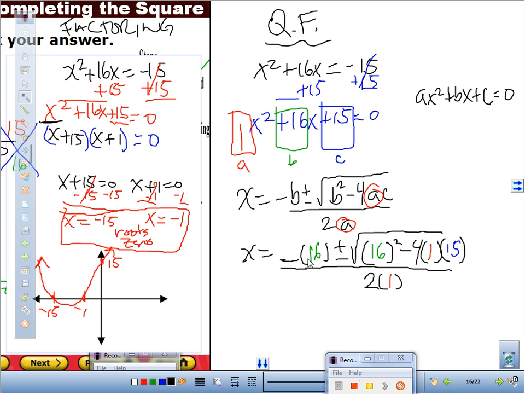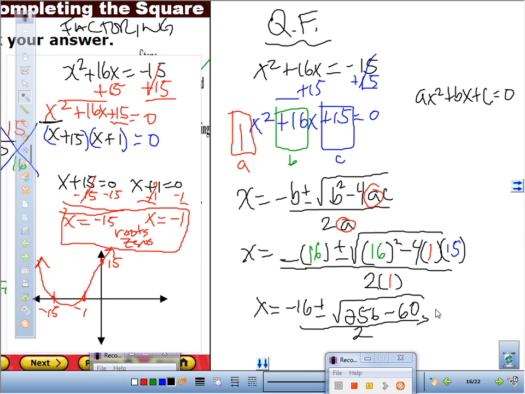What is negative times 16? Negative 16 plus or minus the square root. What is 16 squared? 256. What is negative times a positive and a positive? Negative. 4 times 1 is 4. 4 times 15 is 60, over 2.